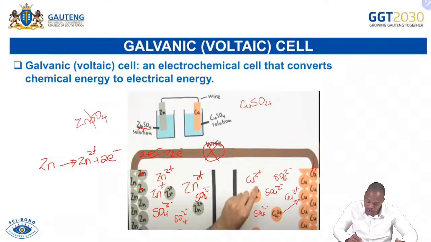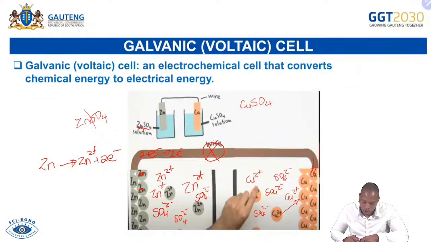These Cu2+ will find themselves going here to meet those electrons that are coming from zinc. So the Cu2+ actually accepts these 2 electrons coming from zinc. I want to emphasize here, it is the Cu2+ that accepts the electrons, not the copper. The copper is neutral, but the Cu2+ ions from the solution itself are the ones that will go and accept the 2 electrons that have been sent by the zinc metal.